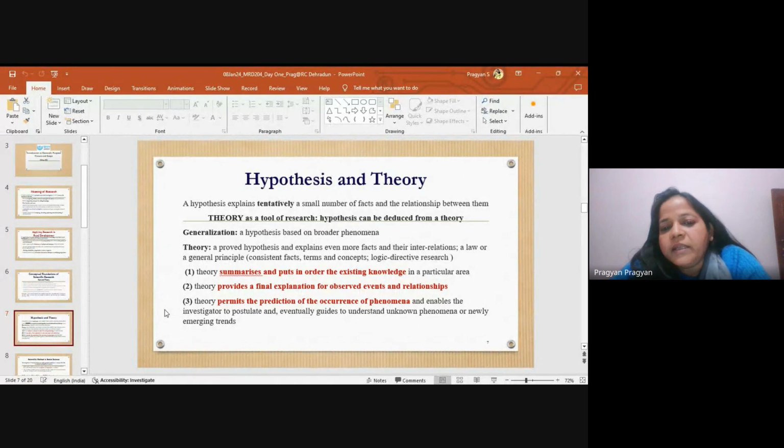This is my idea of explaining to you in a better way, in a practical way, what a hypothesis is. Basically, a hypothesis explains tentatively a small number of facts and the relationship between those indicators.